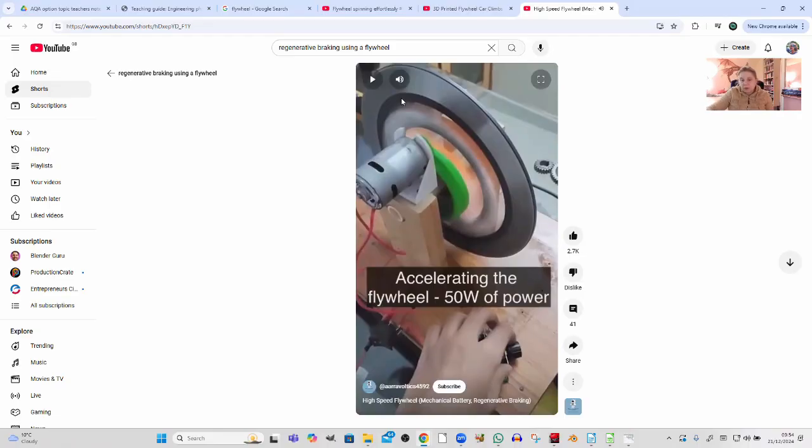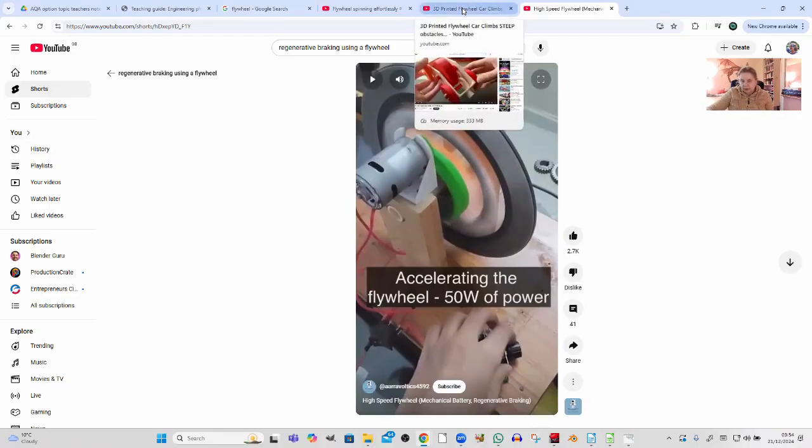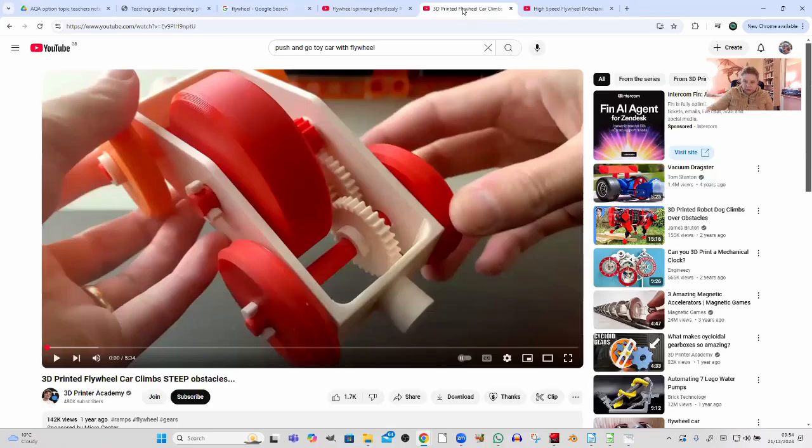And I've got one more way that the flywheel can be used to return energy. So this is a lovely little 3D printed flywheel car. So this thing is the flywheel, and it goes round and round.